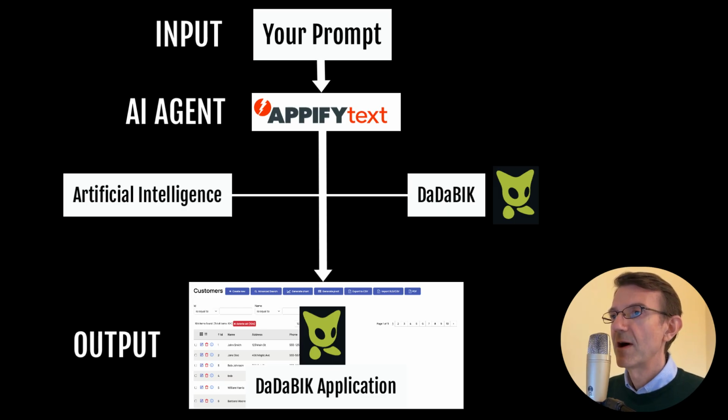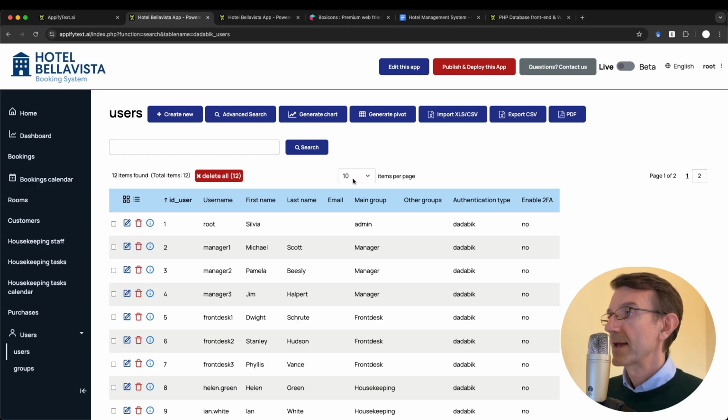So the application we have created is a DaDaBIK application. That's why we can export it from here and import it into a DaDaBIK installation. So how can you install DaDaBIK? Because first you need to install DaDaBIK and then import this application.